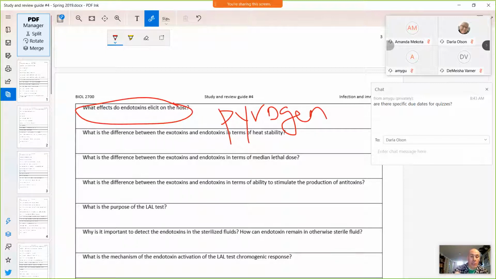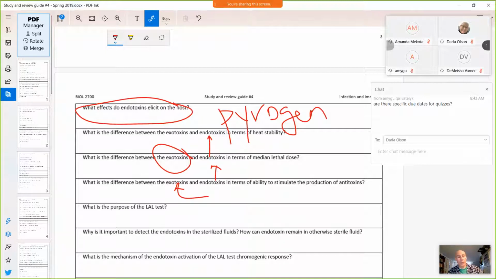So endotoxins are extremely heat stable, and exotoxins are not. Endotoxins have a very high median lethal dose. Exotoxins have a low one, so with exotoxins you need a smaller dose to see the pathology. And exotoxins can stimulate the production of antibodies, basically.